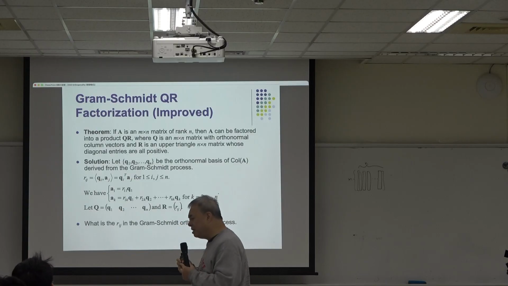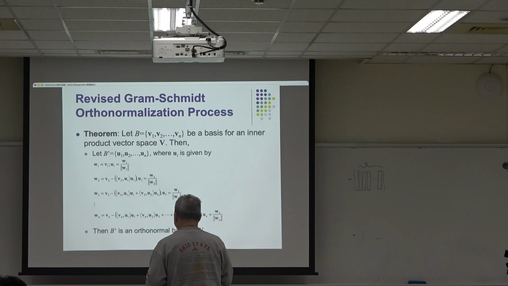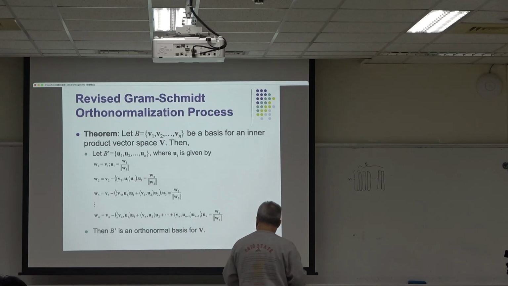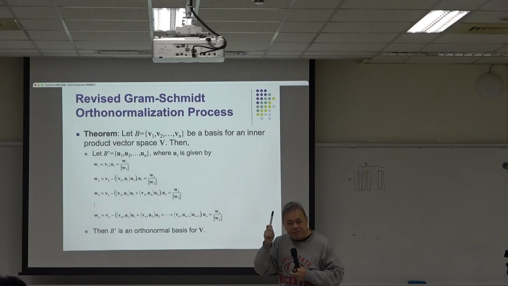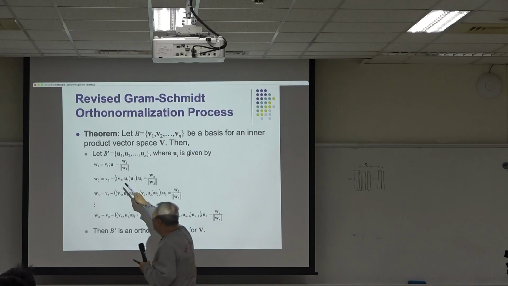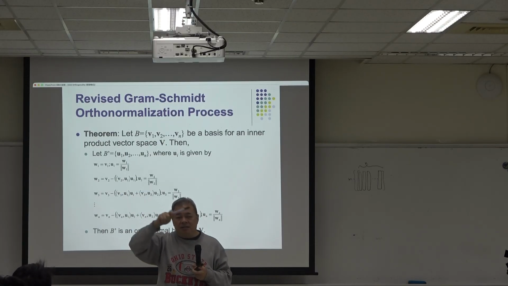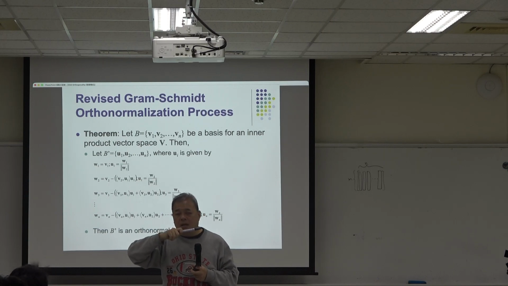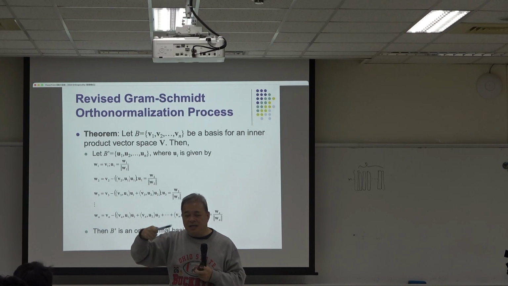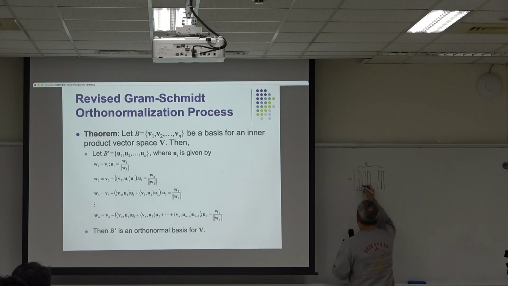Then what happens? Let me try to write it. I want you to remember our V1, V2, Vn are the column vectors here. This is V1. This is V2. This is Vn.